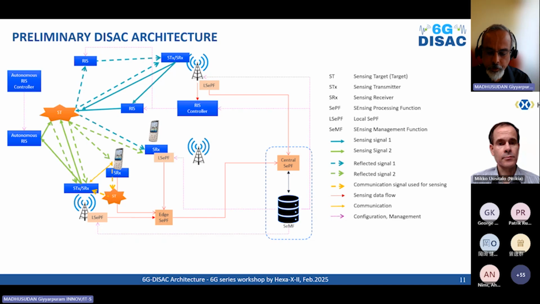On integrating more LiDAR and cameras and other kinds of devices, what we envisage is a role first for the semantics to do the kind of fusion that is needed between the radio sensing and the non-radio sensing, and also, related to that, AI/ML techniques, primarily for the fusion aspects. So that is what the project will be doing. Did that answer your question, or did you mean something else?